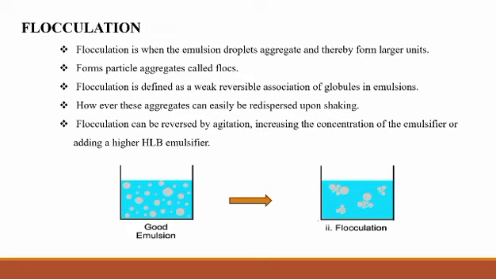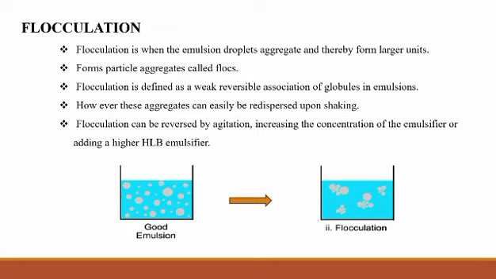But this flocculation process is a very easy, weakly reversible process. When the dispersed globules are joined together to form larger units, these larger units can be easily redispersed by shaking or by heavy agitation. So it is a very weak reversible association. We can easily reverse this process by shaking, by agitation, or by increasing the concentration of the emulsifiers.